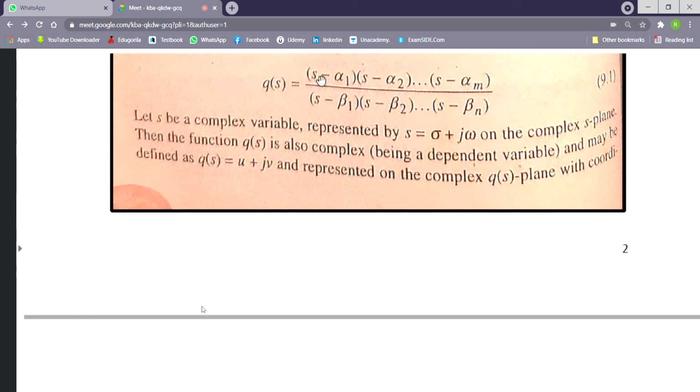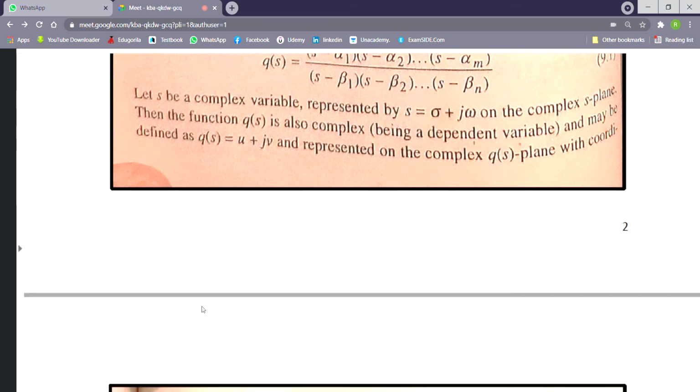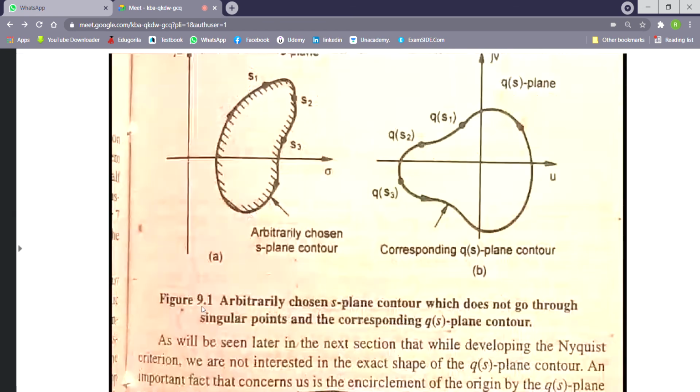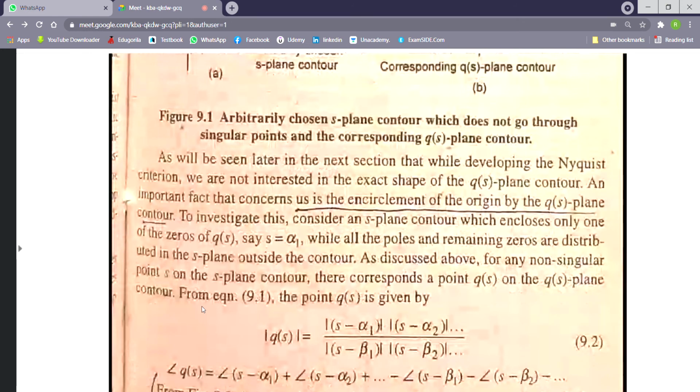That means sum of the angles contributed by all the zeros minus the sum of the angles contributed by these poles. Hence, we can write these two equations.